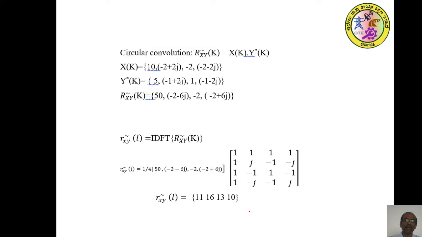Now let us introduce a formula for cross correlation. It is called circular correlation. Circular correlation is defined as Rxy tilde of k is equal to x of k into y star of k. So write down x of k, write down y star of k.